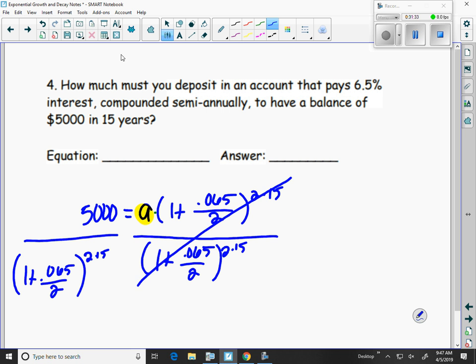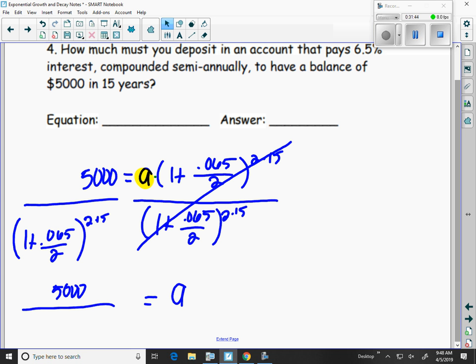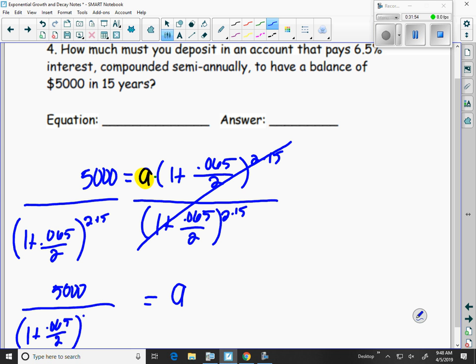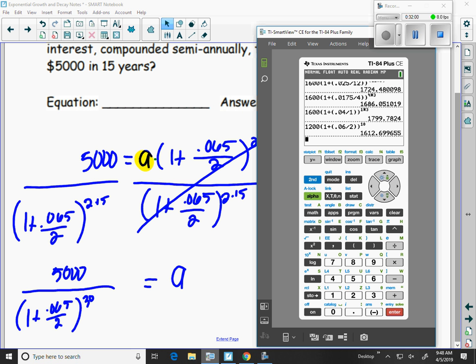We'll have A left by itself. Then from here, in your calculator, you'll just put that whole thing in there.